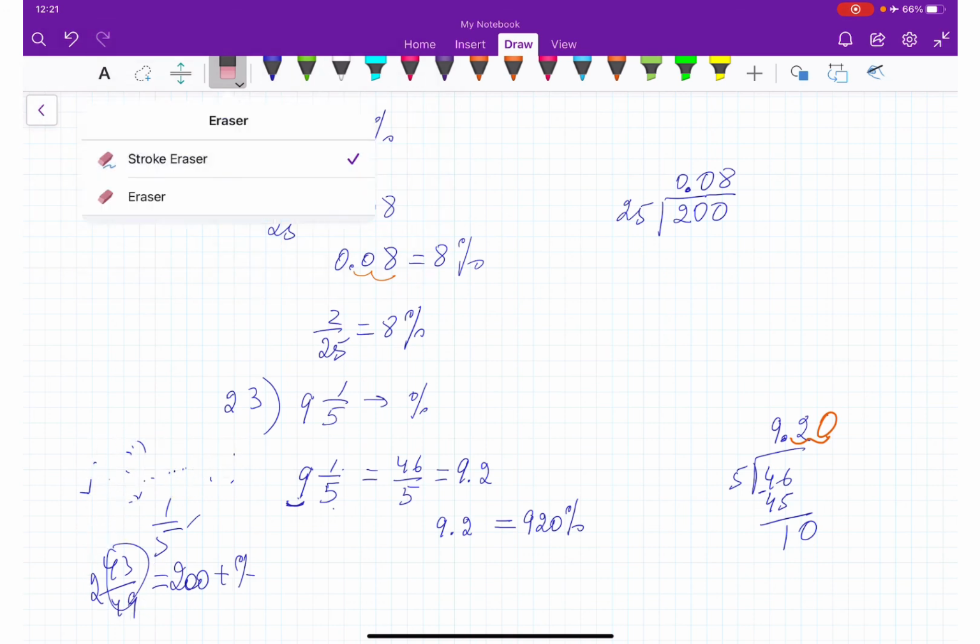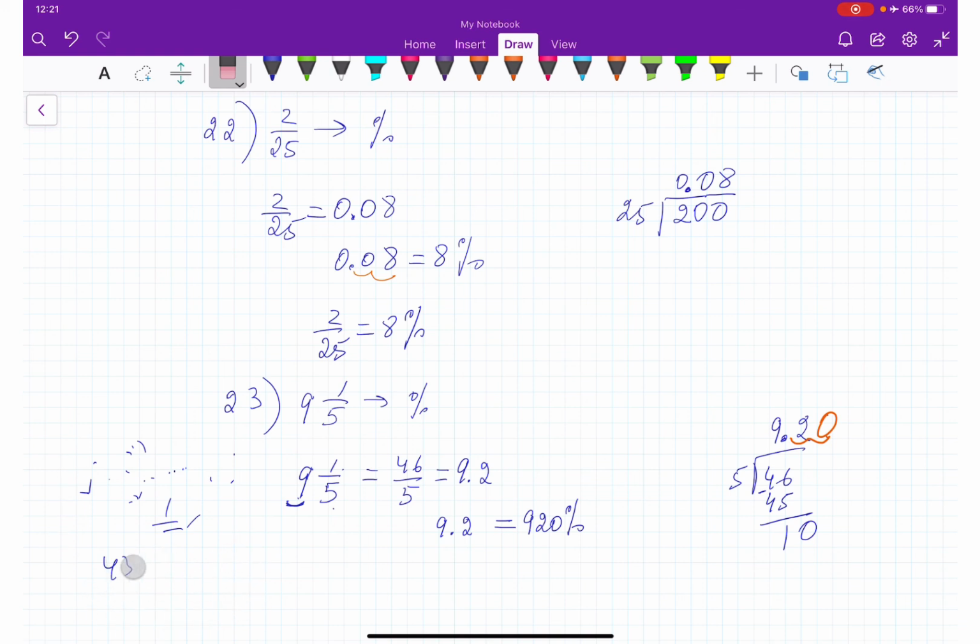Whenever you have a fraction less than 1, it's going to be less than 100%. But whatever whole number you have in a mixed fraction, that's going to be that many times 100 percent. 3 and 4/5, 3 is going to be 300%, because 1 is 100%, 300, and plus the percentage that 4 over 5 will make.